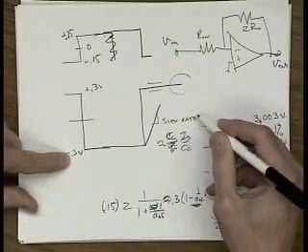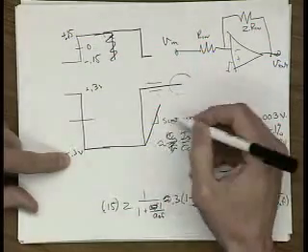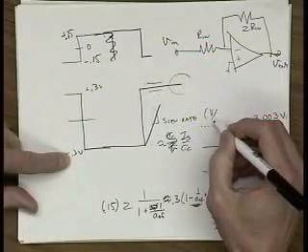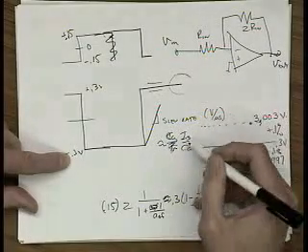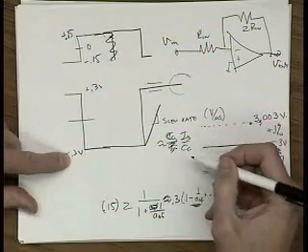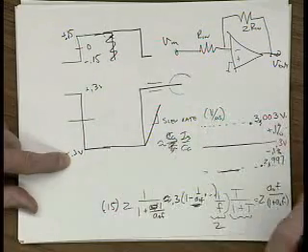More current, higher slew rate. You want to make this as fast as possible. This is in volts per microsecond. So the larger this IS and the smaller C sub C, the better off you are.